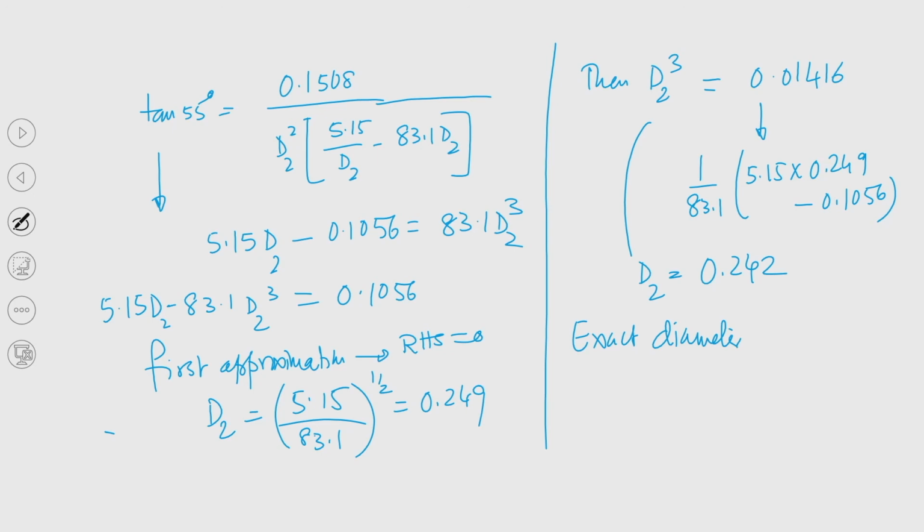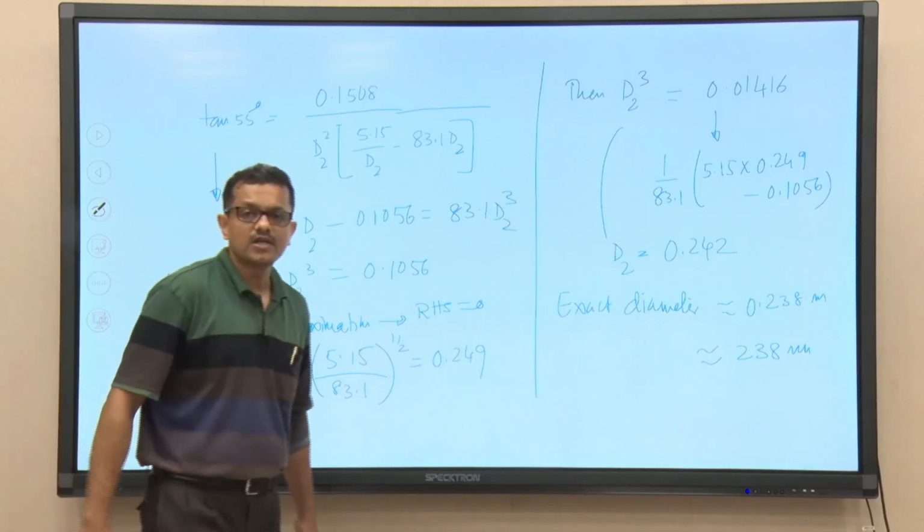So, the exact diameter will come to 0.238 meter, and that will be equal to 238 millimeter.